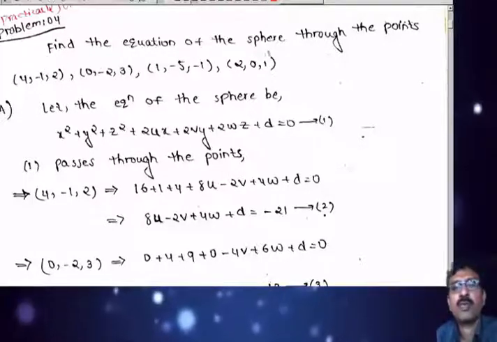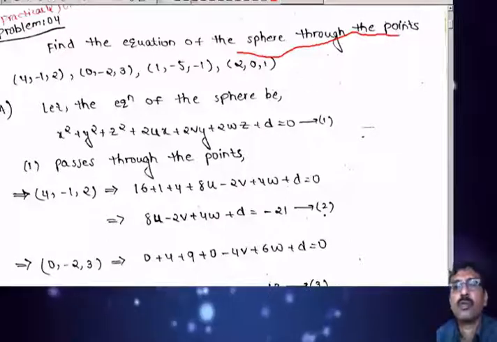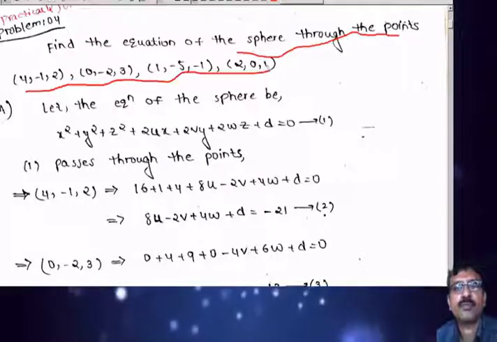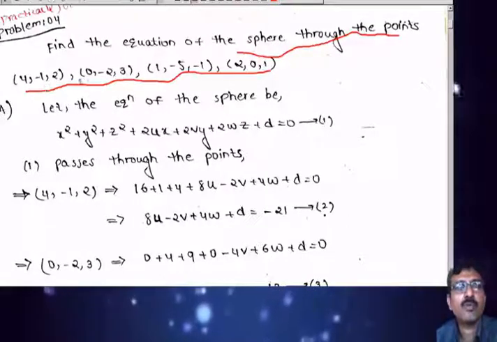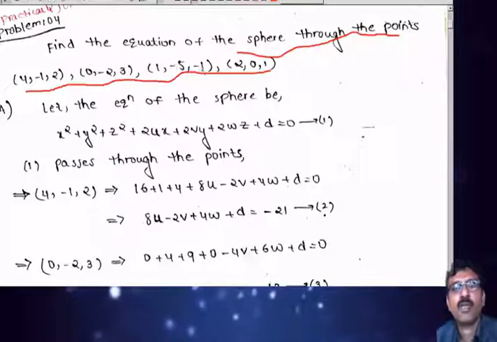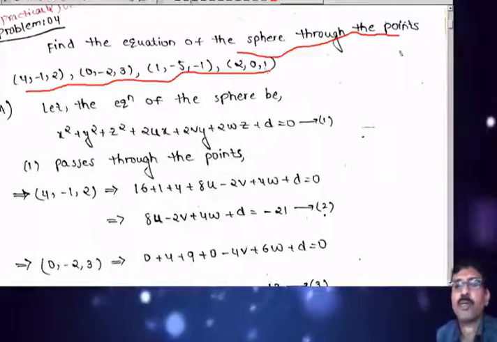Find the equation of the sphere through the points. Here 4 points are given: 4, minus 1, 2; 0, minus 2, 3; 1, minus 5, minus 1; 2, 0, 1. Here are the 4 points.